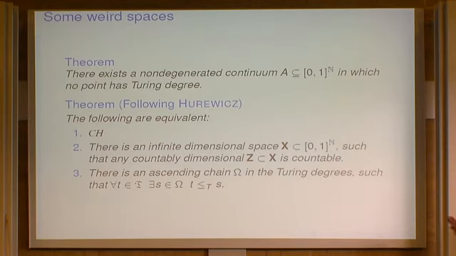So X has to be a rather big space, but all subspaces have only two cases. Either they're countable, meaning that the dimension will actually be zero, or the dimension is not any countable ordinal whatsoever.